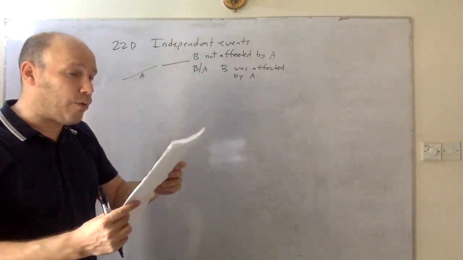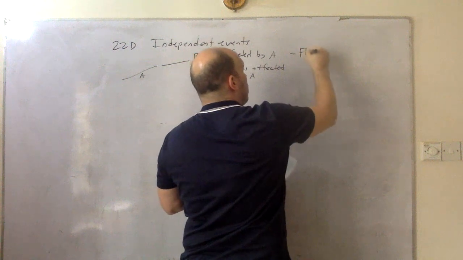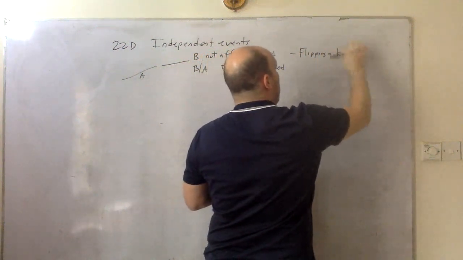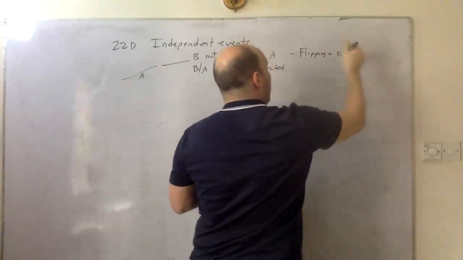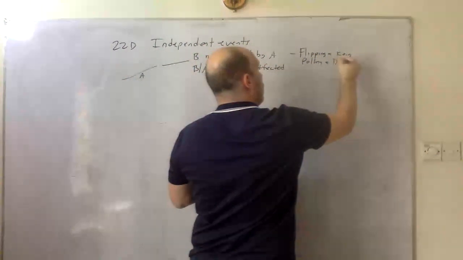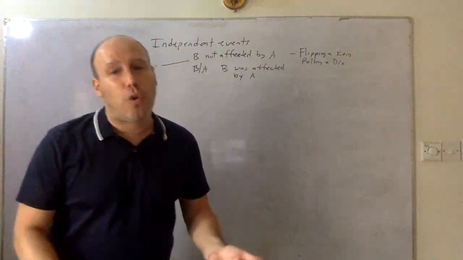Well, what are some examples? Some examples of that, for example, are flipping a coin, rolling a die, and then in your biology class, you learn from the Punnett square about having children.